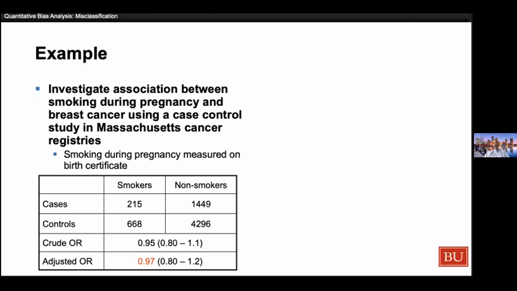We don't think that many women are going to say they were smokers when they weren't, but you can imagine a lot of women who did smoke during pregnancy would say that they didn't, because of social desirability. People know they're not supposed to be smoking during pregnancy. And so you could see a large underestimation.